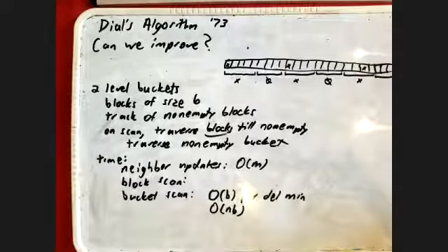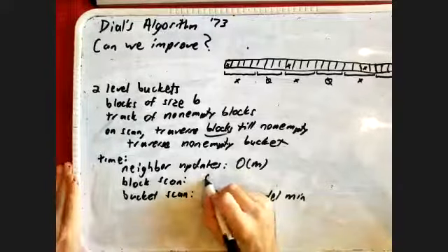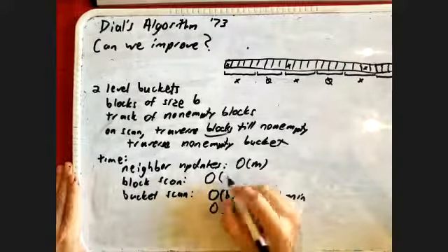What about the block scan? O of NC divided by B, since in the end we reach at most NC in max distance, and each block scan lets us jump B. Exactly. Each time we skip a block, we're skipping B buckets.